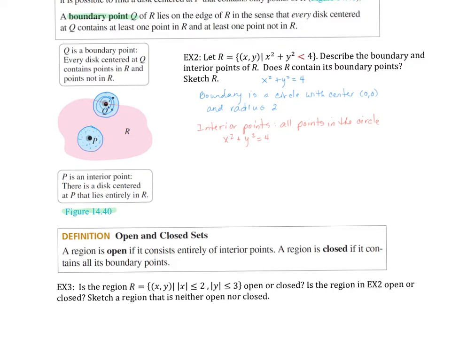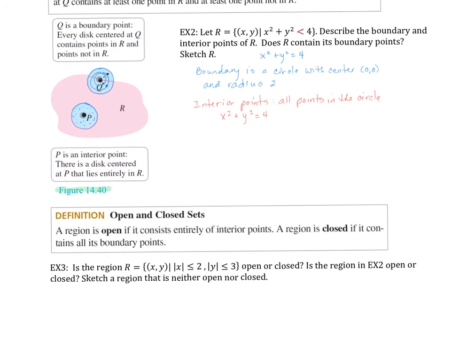Since this is strictly a less than, our region R does not contain its boundary points. If it was a less than or equal to 4, then our region R would contain its boundary points.